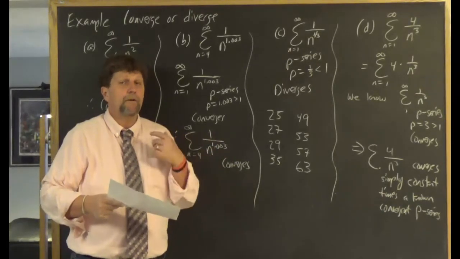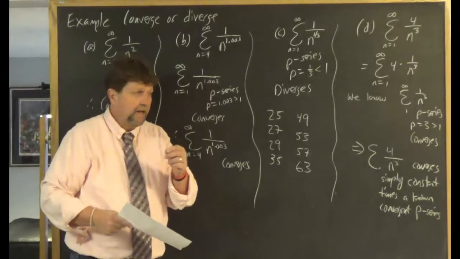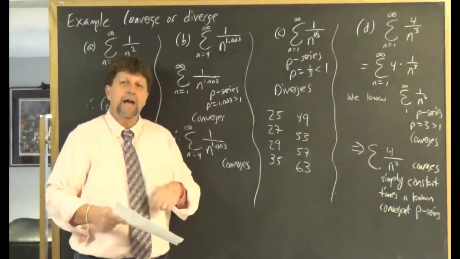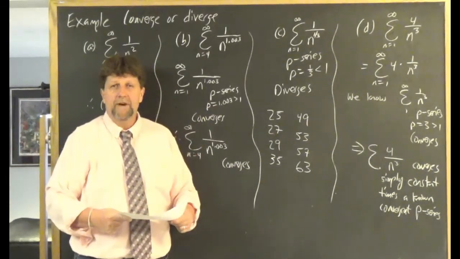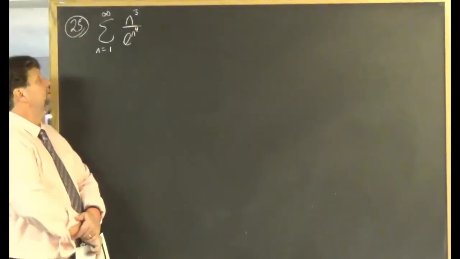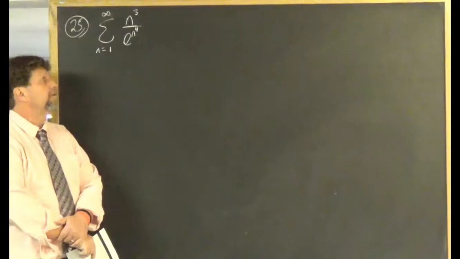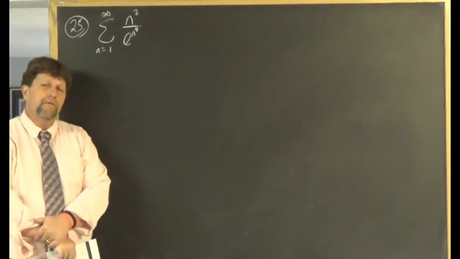But I'm not going to do them all at once. So what I'm going to say right now is, I'm going to ask you to pause the video and just do number 25. And after you do that, restart the video. I'll be here at the board cranking through number 25. All right, here we go, number 25. It's the series n equals 1 to infinity, n cubed over e raised to the power of n to the 4th.